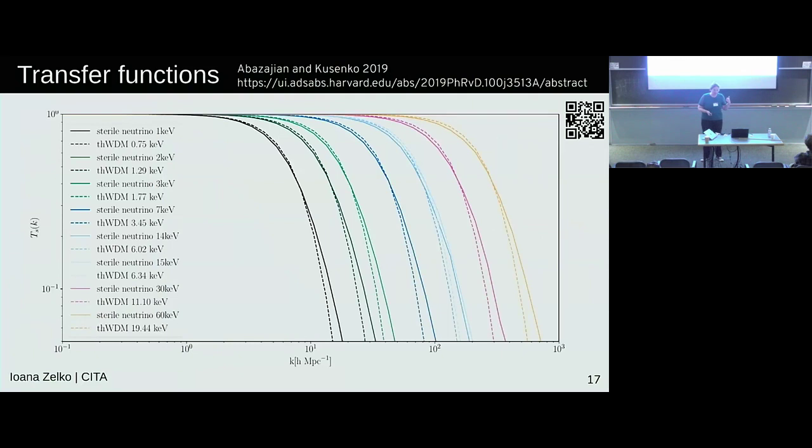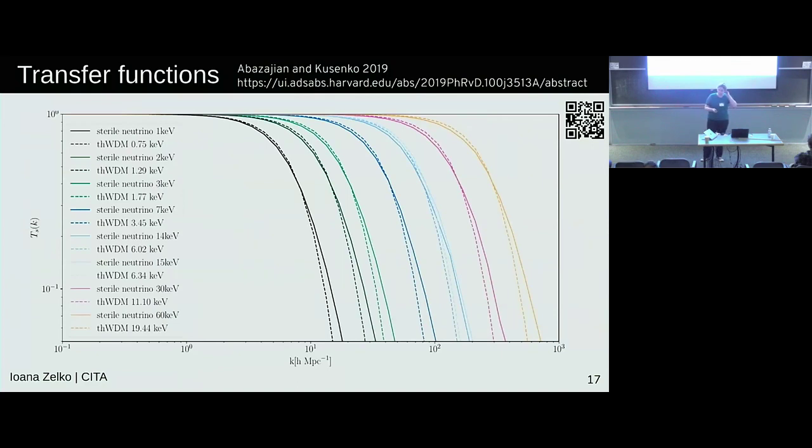So for sterile neutrinos I was looking at, I think this was mentioned earlier in the conference as well, there's a similarity in the transfer functions themselves that allows a very simple mapping between the different energy levels in a given sterile neutrino model and the thermal relic warm dark matter.